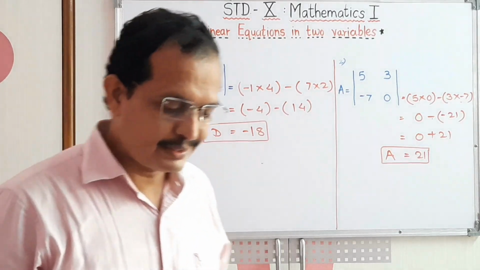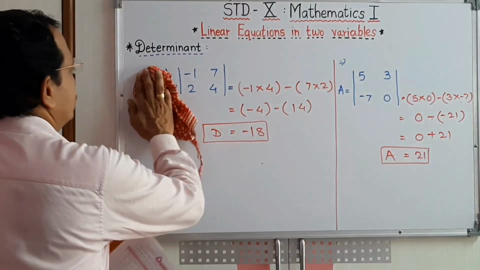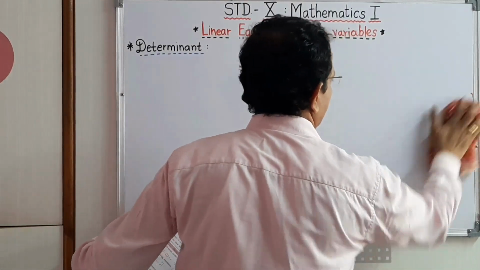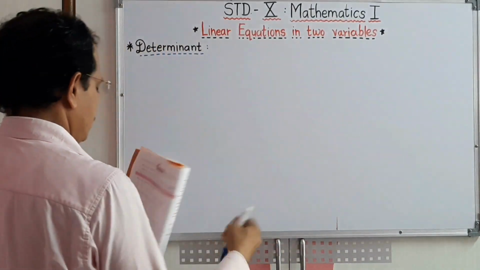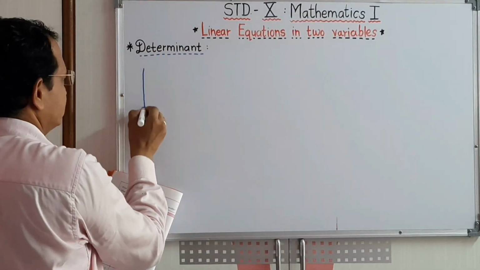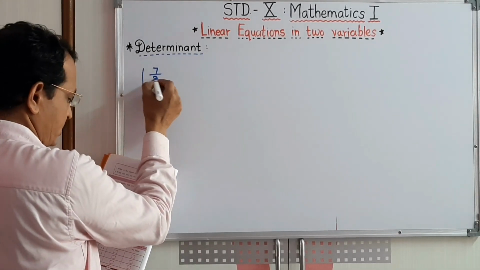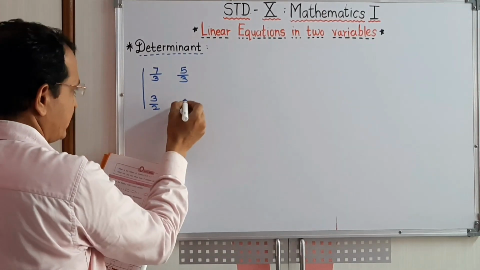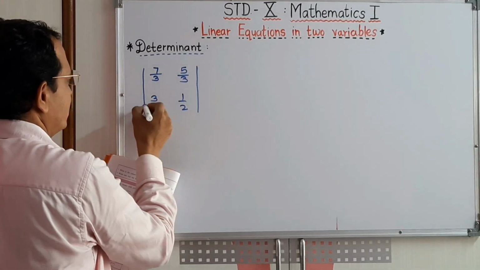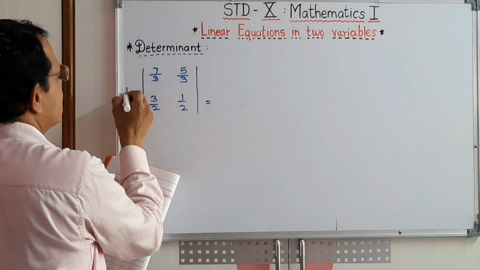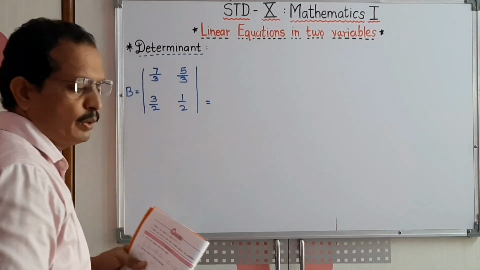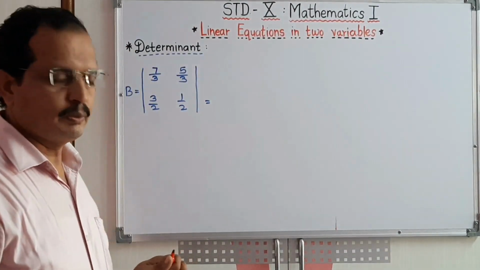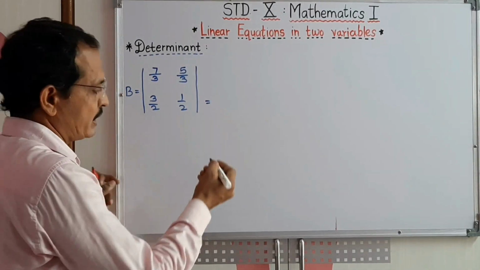Now let's see the third sum. Seven upon 3, 5 upon 3, here 3 upon 2, and here it is 1 upon 2. Now suppose this is the determinant B, and we have to find out its value. Here we have to do the multiplication.